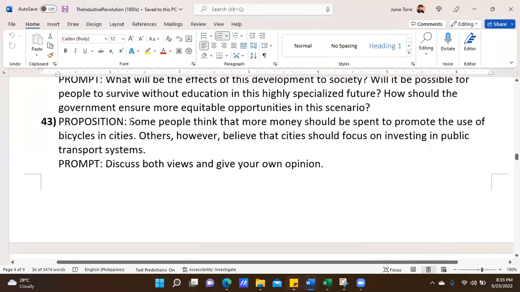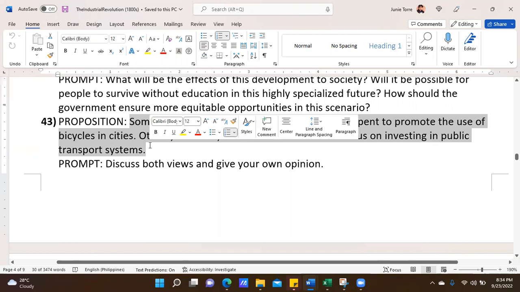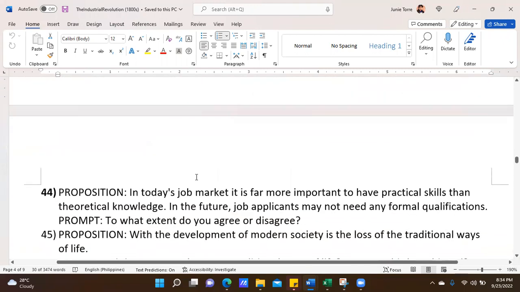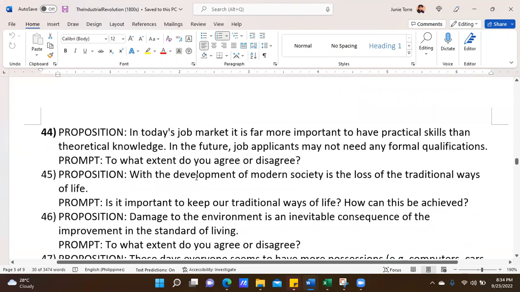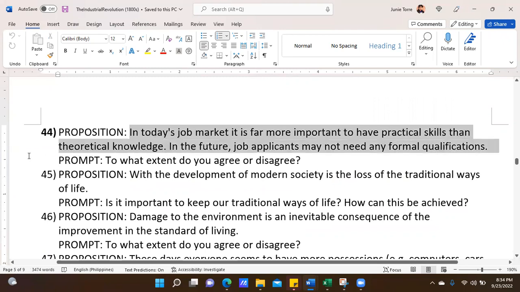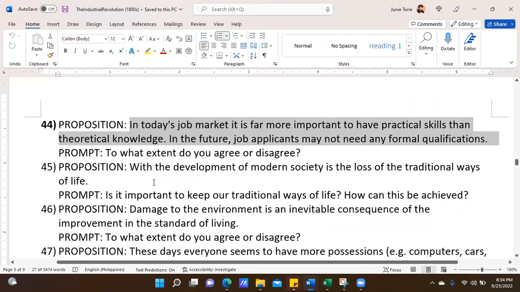Some people think that more money should be spent to promote the use of bicycles in cities. Others, however, believe that cities should focus on investing in public transportation systems. In today's job market, it is far more important to have practical skills than theoretical knowledge. In the future, job applicants may not need any formal qualifications.